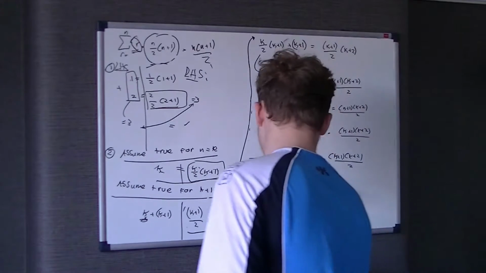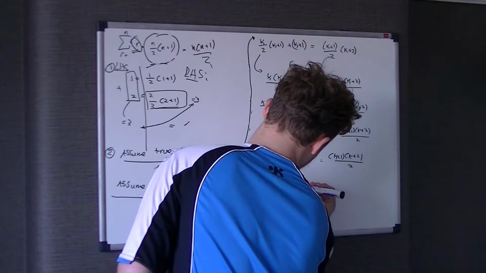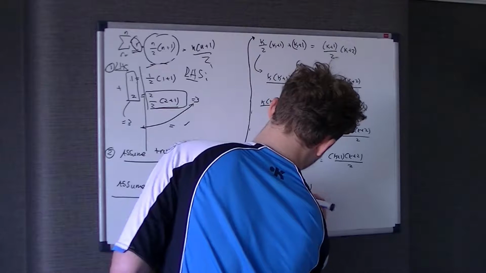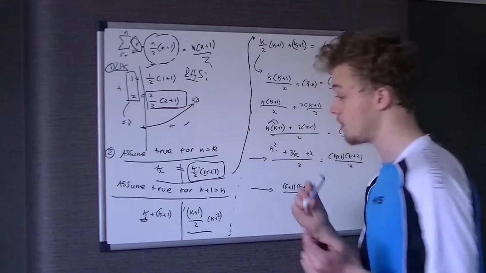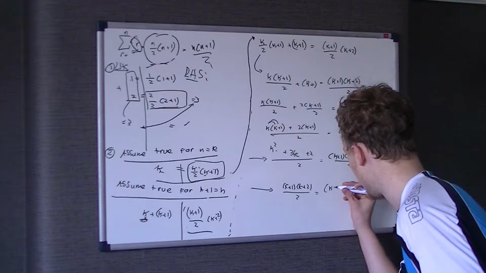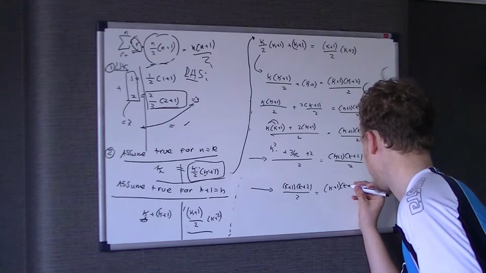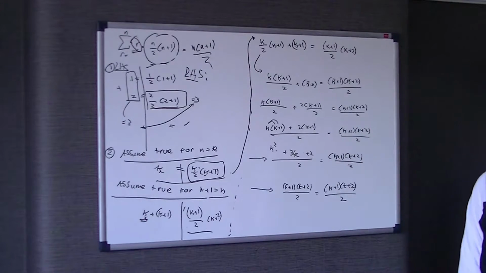So therefore we're saying k plus 1 times k plus 2 over 2 is equal to k plus 1 times k plus 2 over 2, which is exactly what we want. And then you can just split it up again and simplify it down. So you would have k plus 1, k plus 2. And because the left hand side equals the right hand side, we can say it is now mathematically proven.